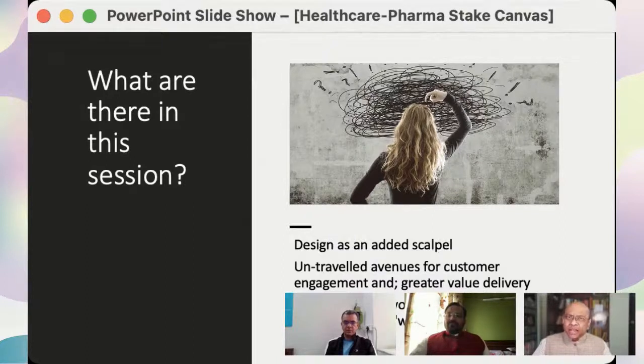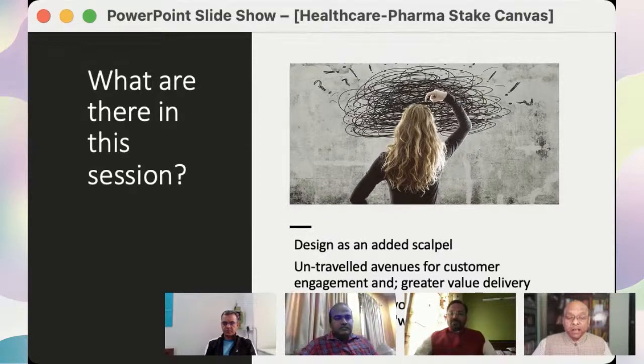Can design really help? For the pharmaceutical company, can it give untraveled, unbeaten avenues for customer engagement, and for creating and delivering greater prescriber value? And of course, ultimately, patient value.